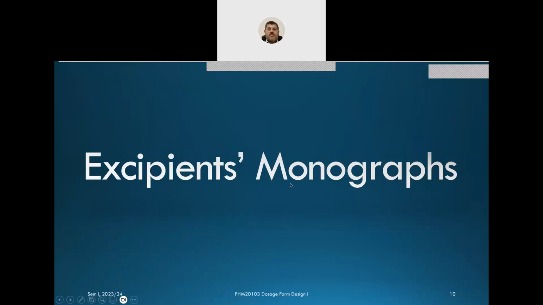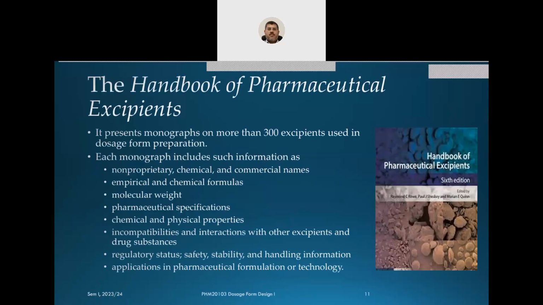So now, if I want to find information about excipients, where can I find such information? There are two main categories of information I may be searching for. I want to know about the excipient itself. What is the name? What is the molecular formula?